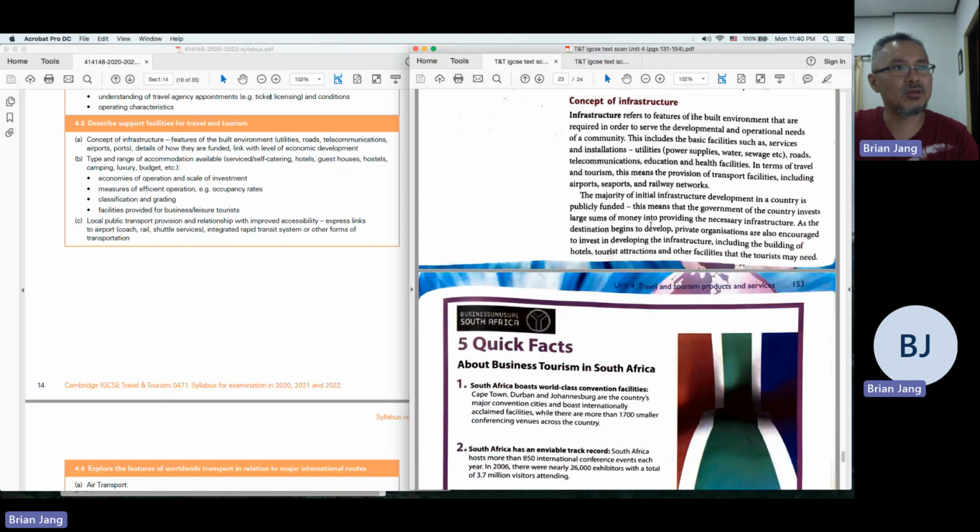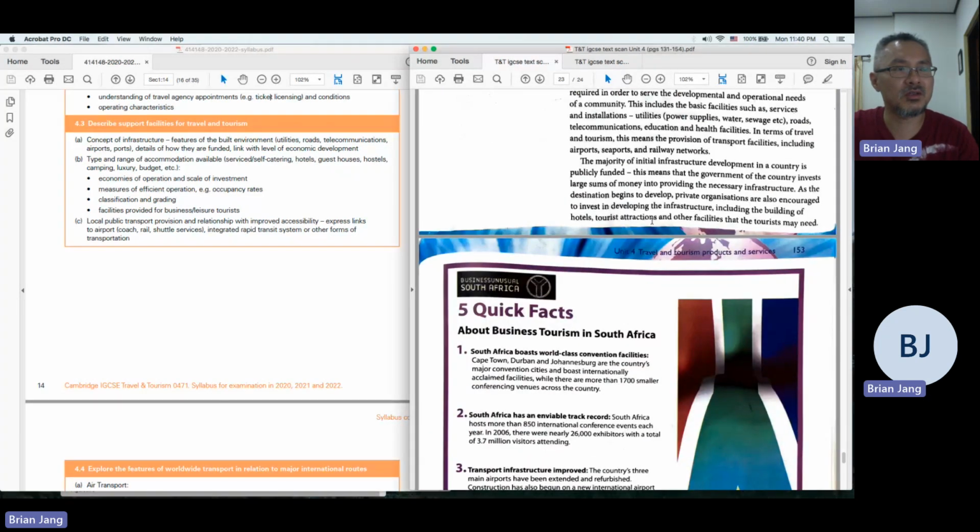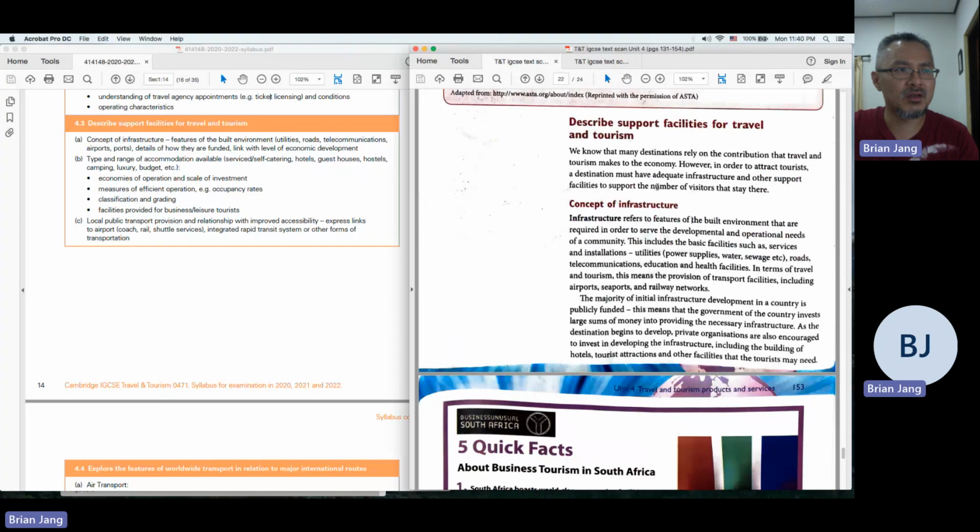I don't want to talk so much about it, but here, infrastructure just doesn't mean roads and bridges. It includes basic facilities such as utilities, water, electricity, sewage, telecommunications, education, health facilities, right? We usually talk about roads and bridges and transportation because those are the main things that drive travel and tourism, literally and metaphorically.